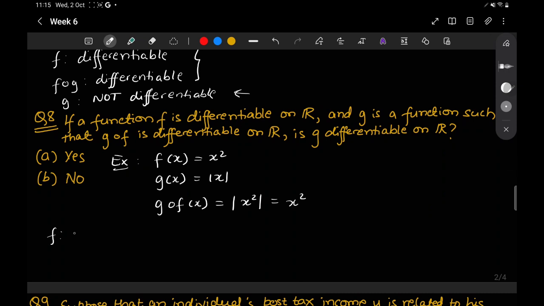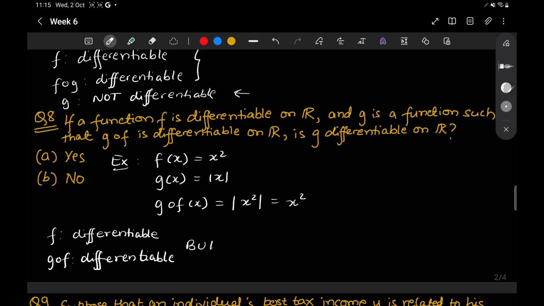And clearly we see that f is differentiable because x squared is differentiable. G o f is also differentiable because that is also x squared.